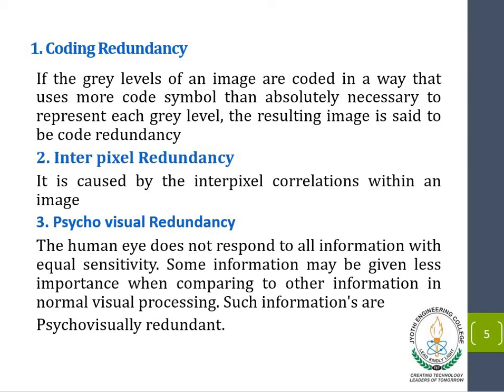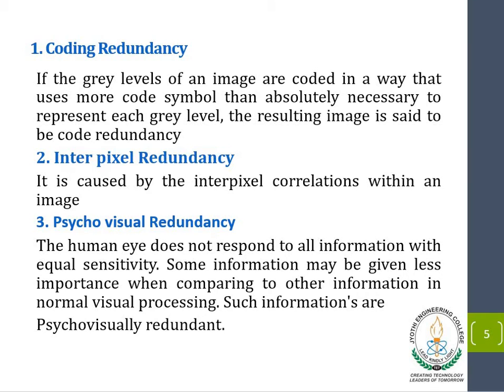That is, in the case of a grayscale image, if we require 2 bits to represent that particular gray level, and in our coding we are getting it as 3 bits, we can say that that particular coding scheme has coding redundancies. So our aim is to represent each of the gray levels with the smallest possible codes. That is one of the principles of variable length coding.